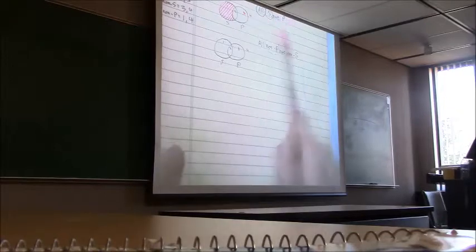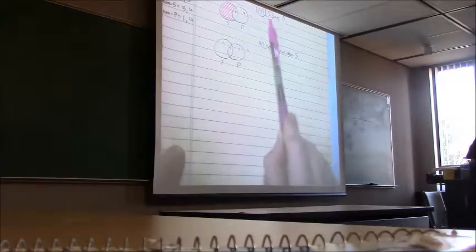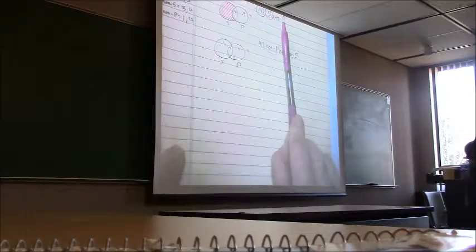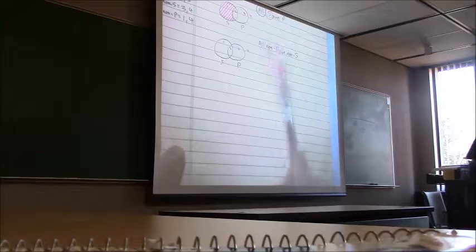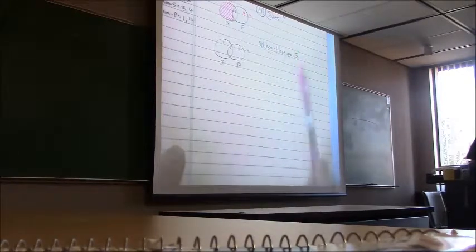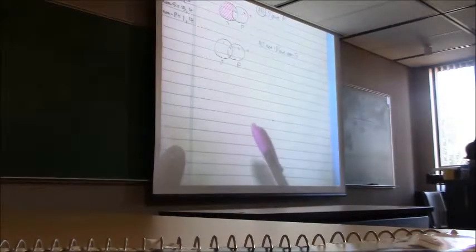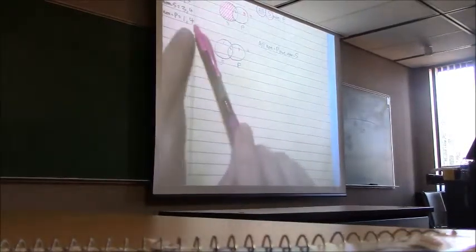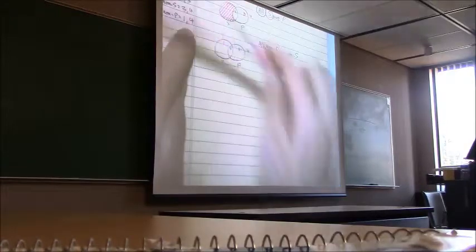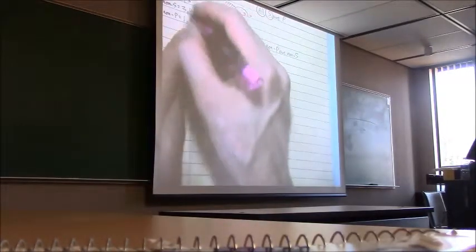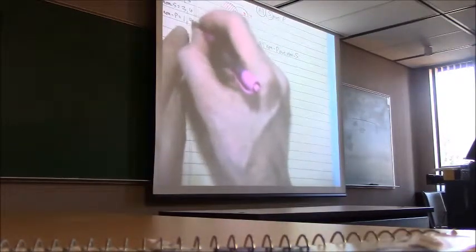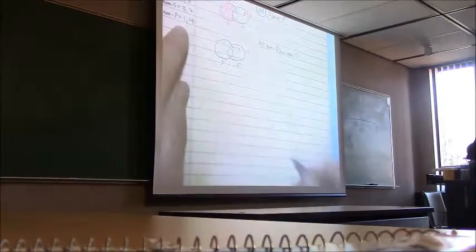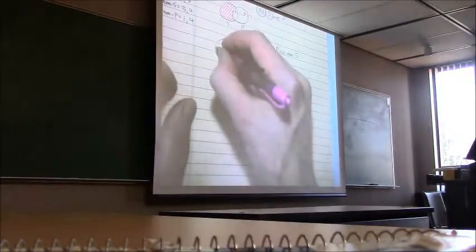Notice, with this one, I shaded the part of the subject that was not included in the predicate. What part of non-P is not included in non-S? What part of non-P is included in non-S? 4. So the part of non-P that is not included in non-S will be the other part, which is 1. So this is the diagram.